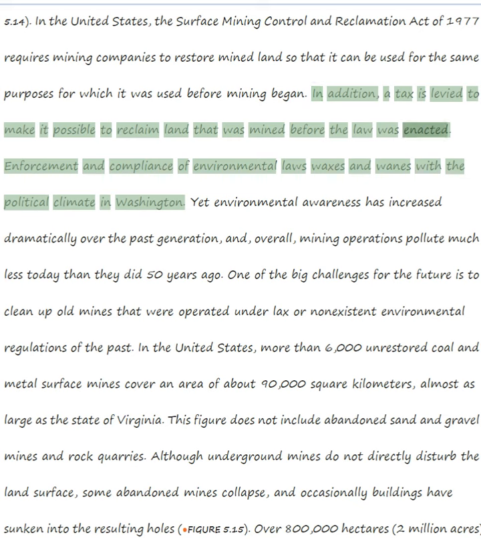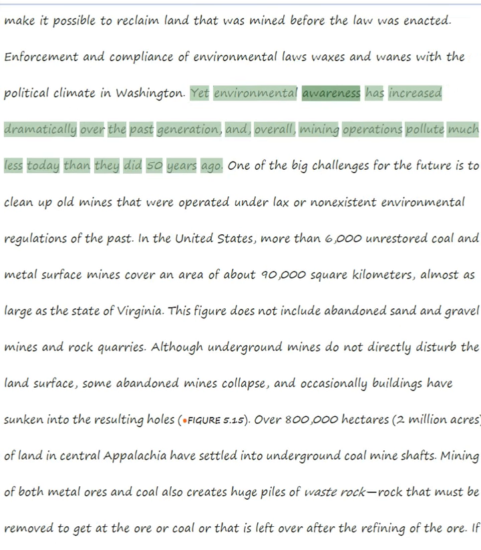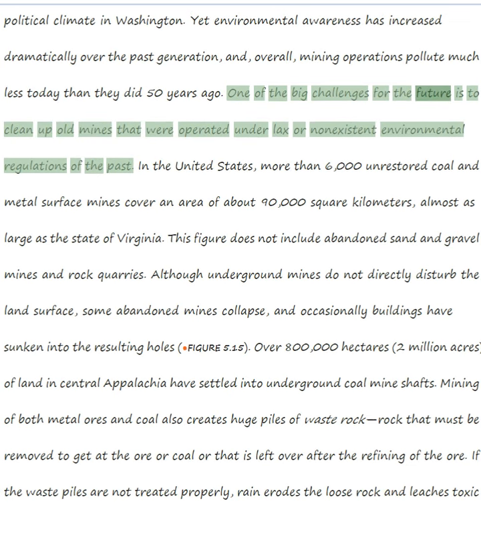Enforcement and compliance of environmental laws waxes and wanes with the political climate in Washington. Yet environmental awareness has increased dramatically over the past generation, and, overall, mining operations pollute much less today than they did 50 years ago. One of the big challenges for the future is to clean up old mines that were operated under lax or non-existent environmental regulations of the past.